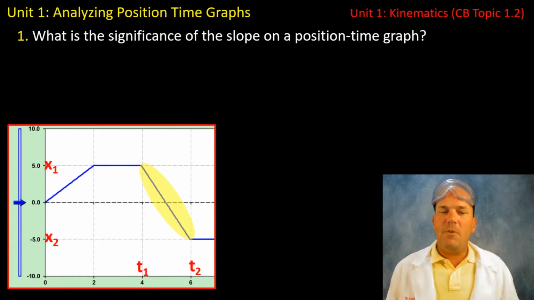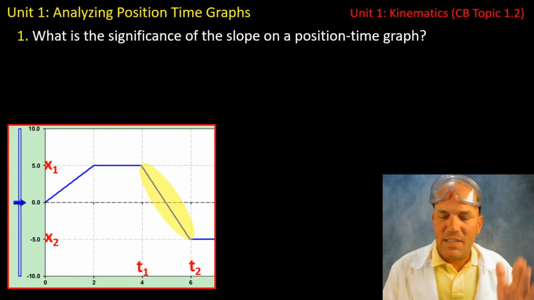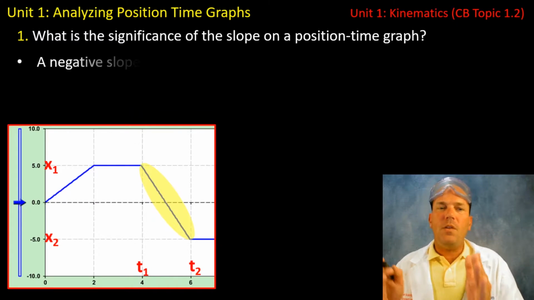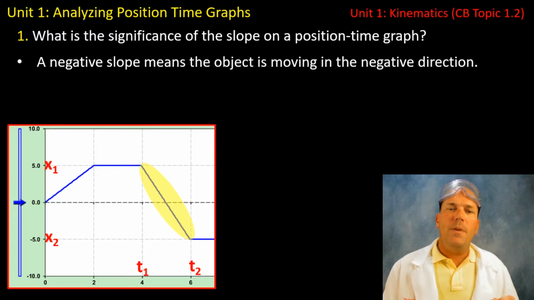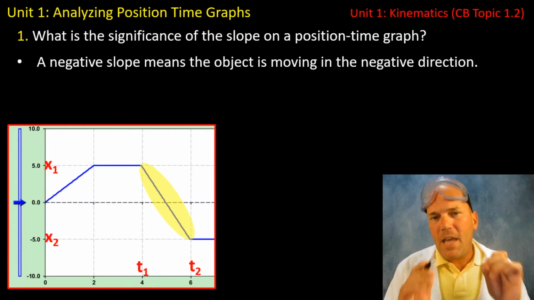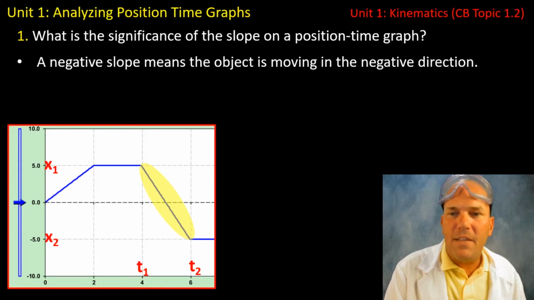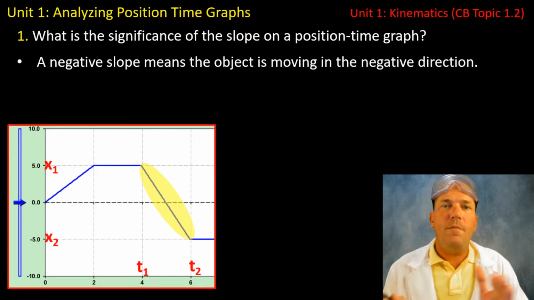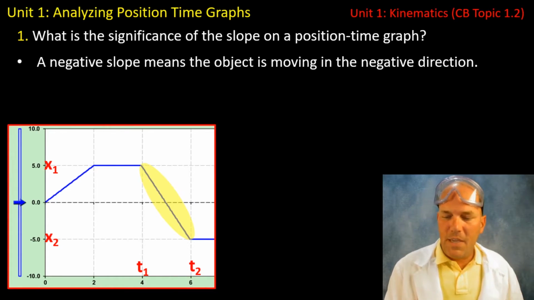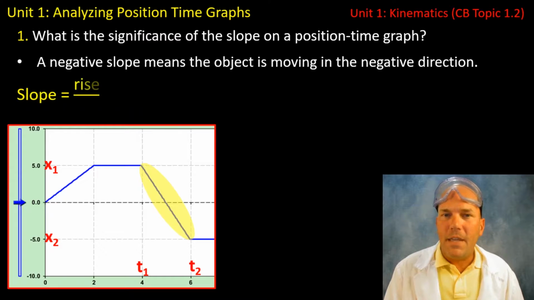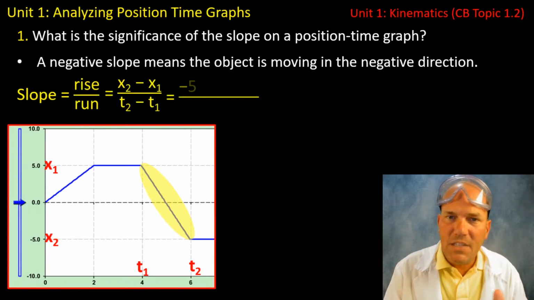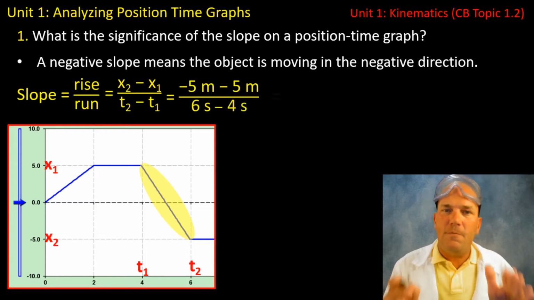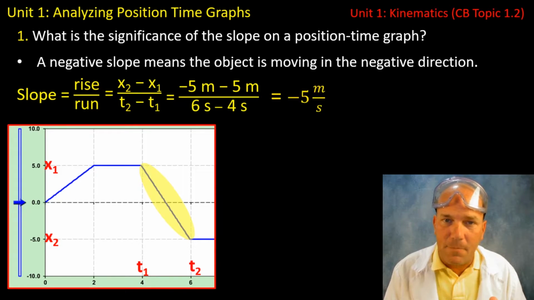In the next segment, between 4 and 6 seconds, we see there's a negative slope. Well, the negative slope is showing that the object is moving in the negative direction, or off to the left in this case. We can calculate the slope for this segment paying attention to the signage for this vector quantity.